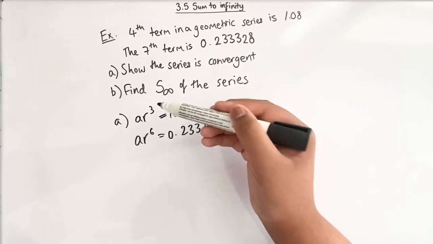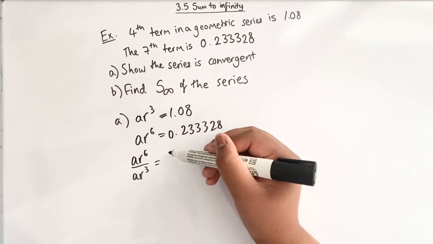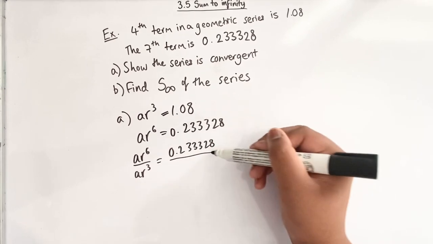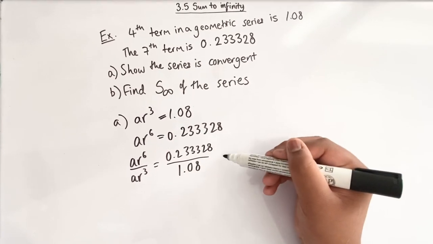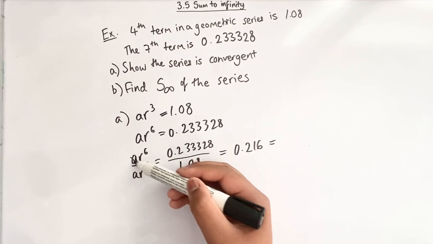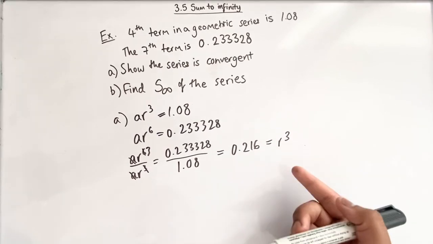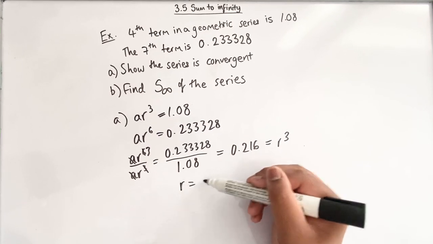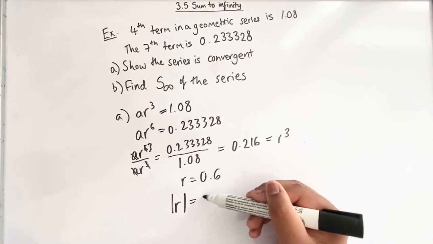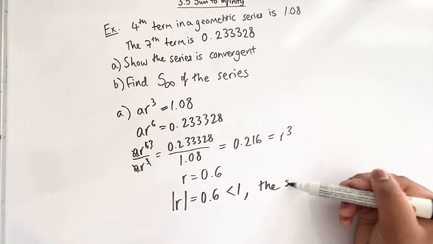If we divide this by this, we get ar to the 6 over ar cubed is equal to 0.23328 over 1.08, which is equal to 0.216, which is equal to r cubed. So if r cubed is 0.216, r equals 0.6. And therefore, as the modulus of r is equal to 0.6, which is less than 1, the series is convergent.